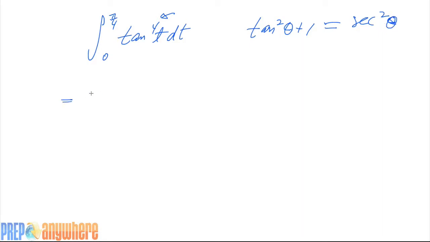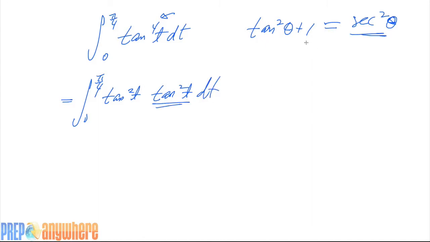So let's consider the integral from 0 to pi over 4 of tangent squared t and another tangent squared t. Let's replace one of them with secant squared minus 1. Tangent squared t, and this one right here I'm going to replace with secant squared t minus 1.